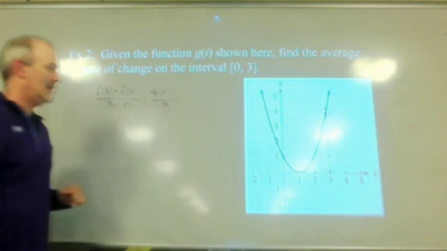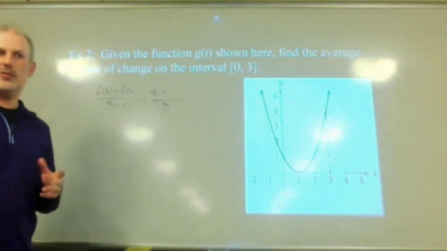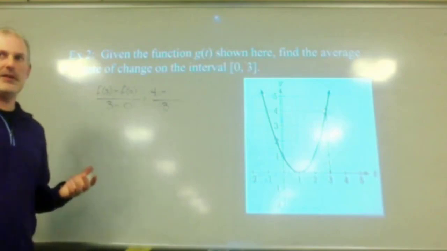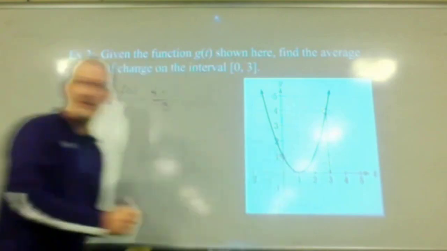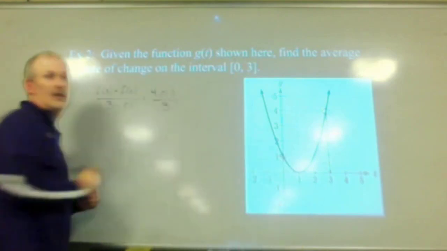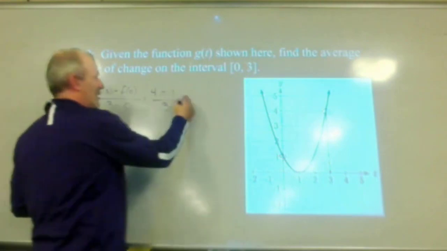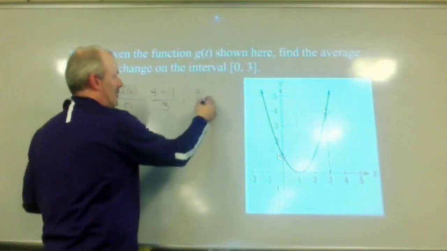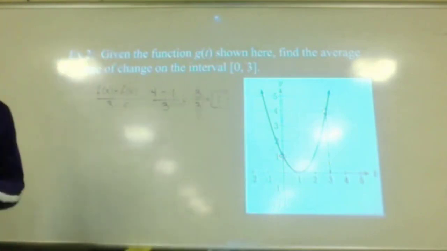Minus, and then we want f of 0. So the input is 0. What's the output? If the input is 0, it is 1. Okay. Does that make sense? And then 4 minus 1 is 3. So 3 divided by 3 gives us average rate of change there was 1.